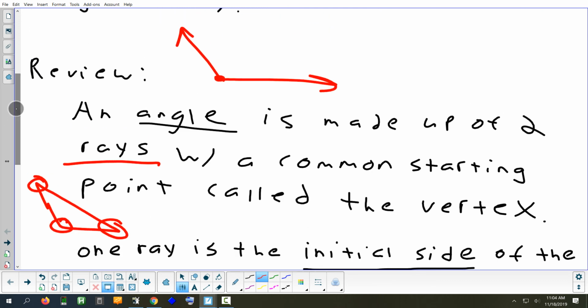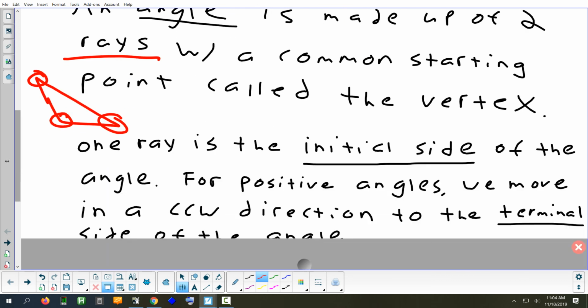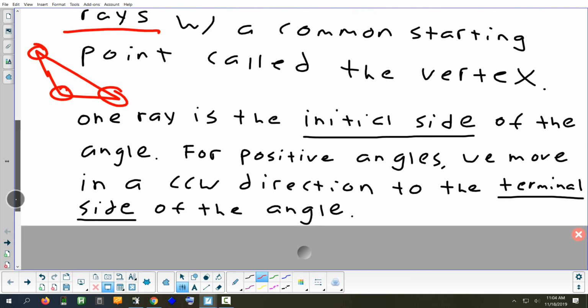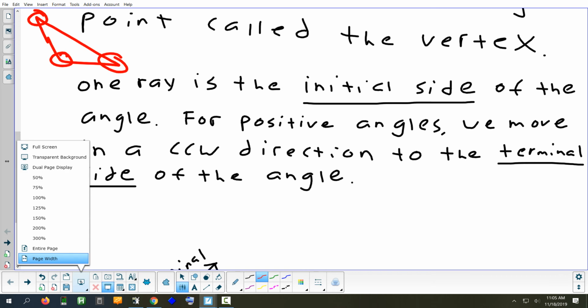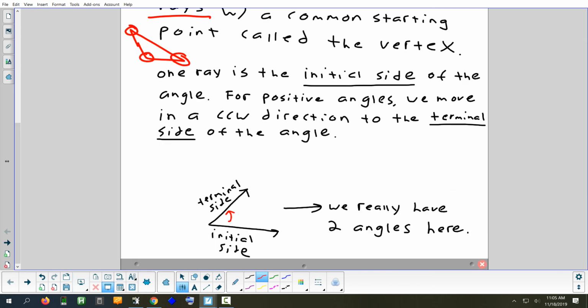Now, in this picture right here, we've got 2 sides to the angle. Okay. One side is the initial. One side is the terminal. So the way we can basically figure out which side is which, if you're given just two rays, it's kind of the direction of rotation.